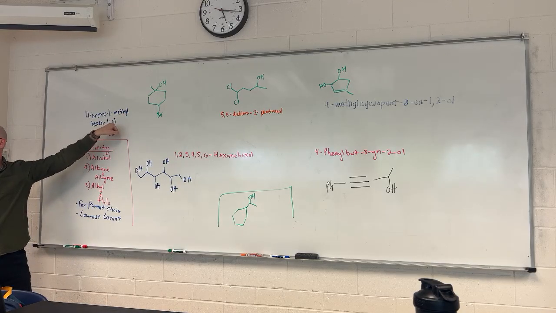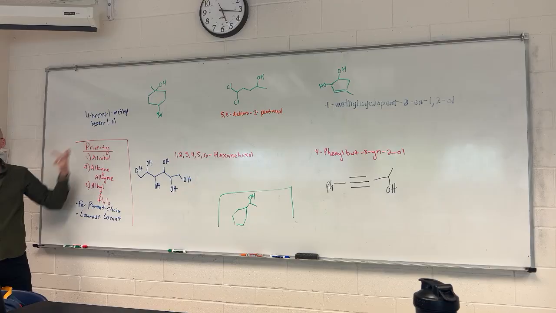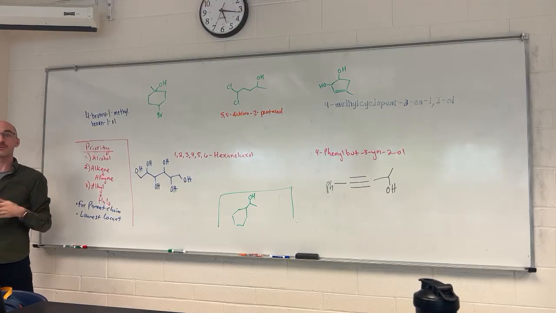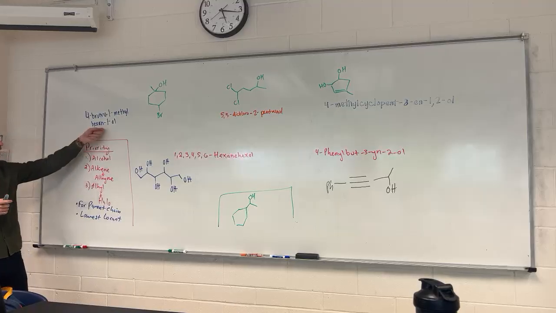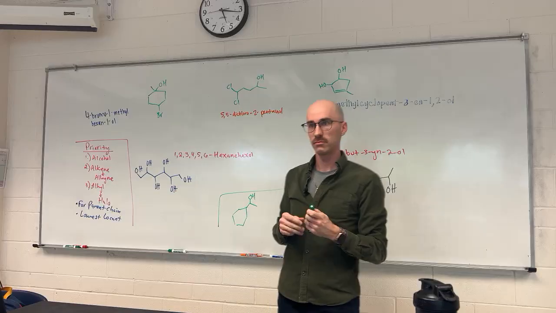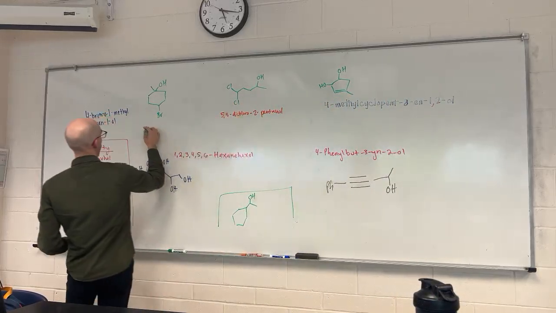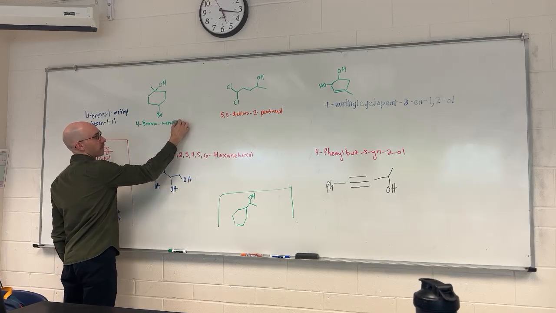I don't actually need the 1 here. If I don't write it, it is assumed the alcohol is at position 1, because where else would it go? But it's great to have it in there. 4-bromo, 1-methyl, 1-hexanol, or 4-bromo 1-methyl hexanol.